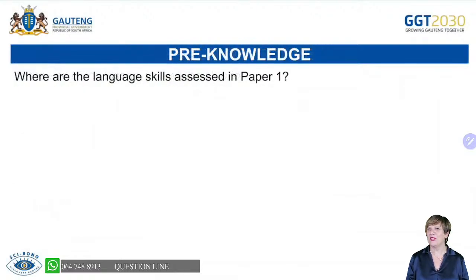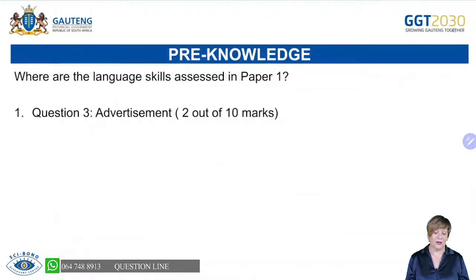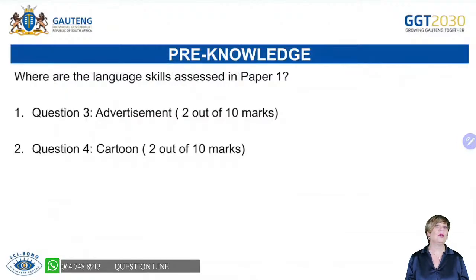So what are the language skills that are usually assessed in your Paper 1? Just to remind you quickly, with Question 3, the advertisement, 2 marks out of the 10 marks will be based on language. On your Question 4, your cartoon, there will be another 2 marks.